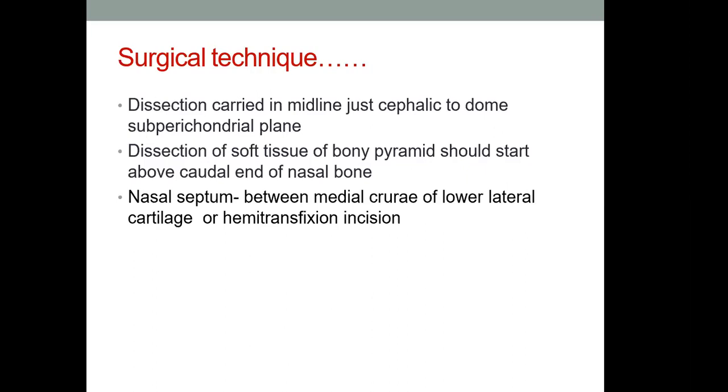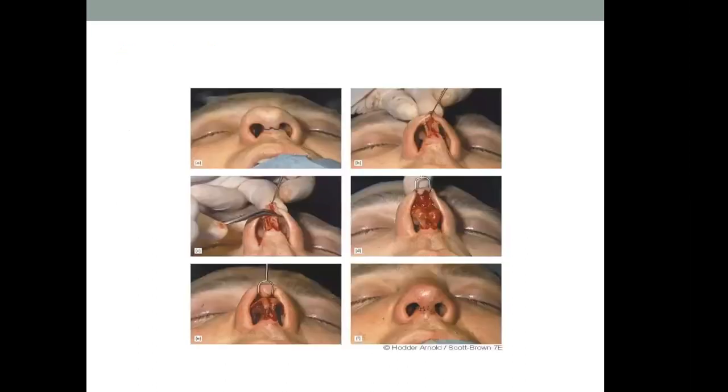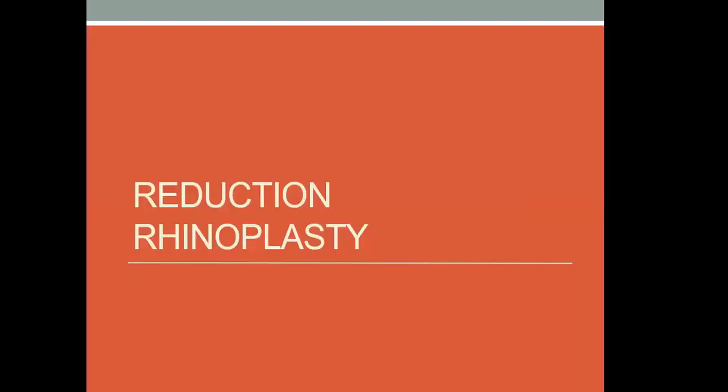Dissection of soft tissue of the bony pyramid should start above the caudal end of the nasal bone. Nasal septum between medial crura of the lower lateral cartilage or hemitransfixation. As we mentioned before.